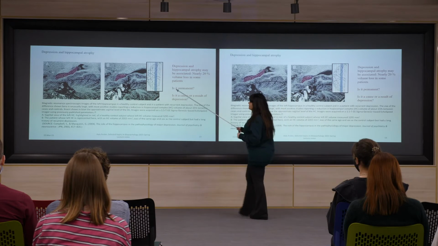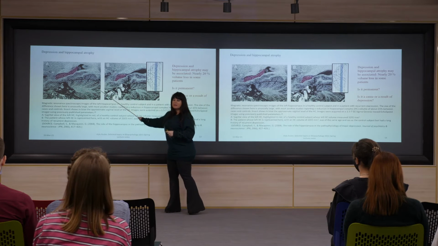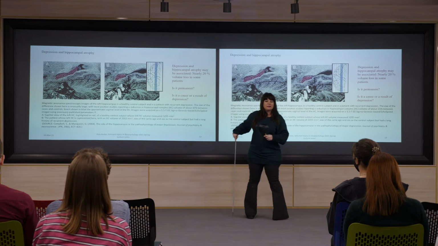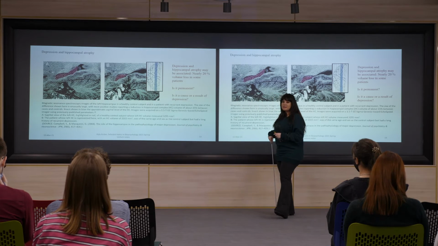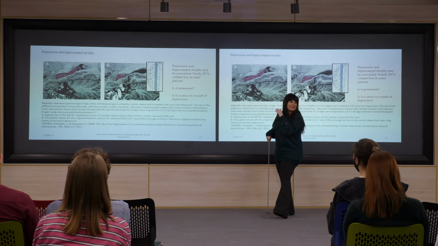Here, as you can see in this example, this is the hippocampus of the healthy person, and this is the person who is depressed. But of course, this is a very prominent case.